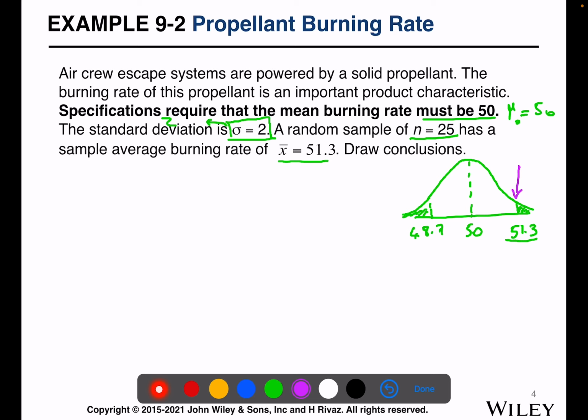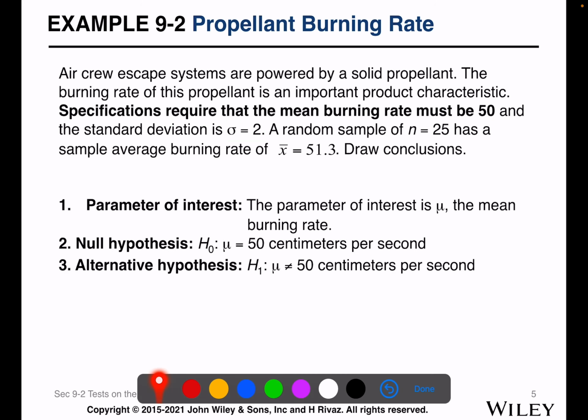In continuous random variables, the probability of X bar being exactly 51.3 is 0, exactly, because it's an integral from A to A. An integral from A to A is always 0, right? So that's why we look at the range. We are interested in this area under the curve, this area plus this area.